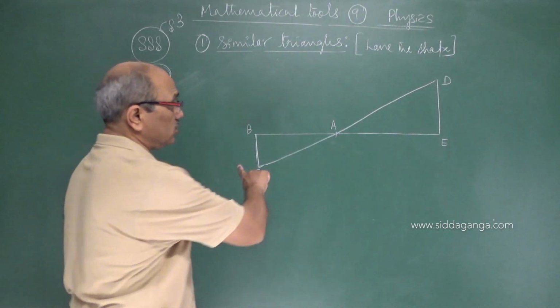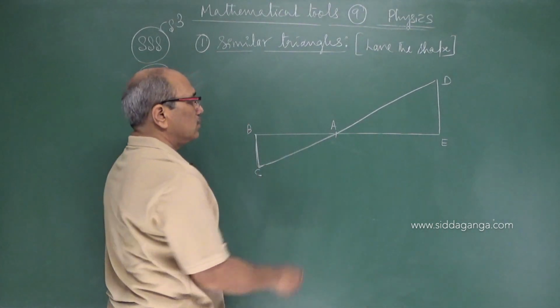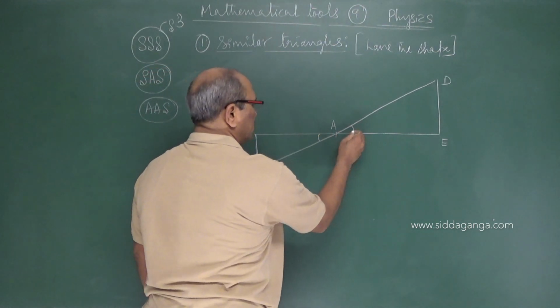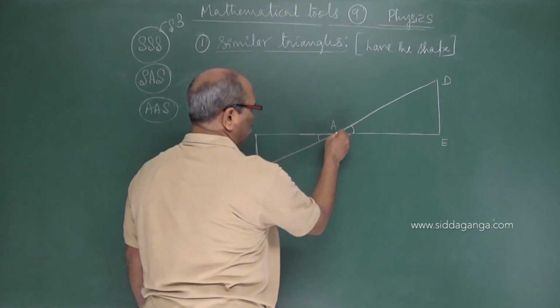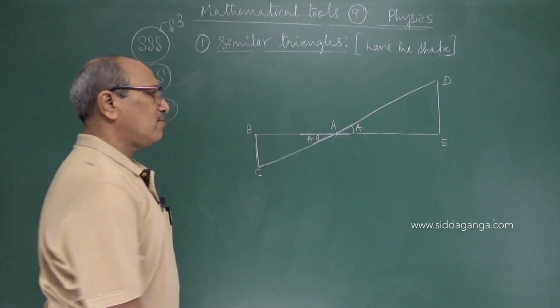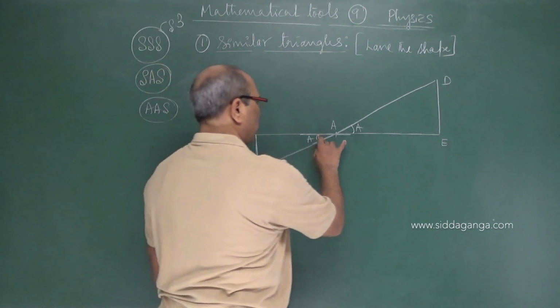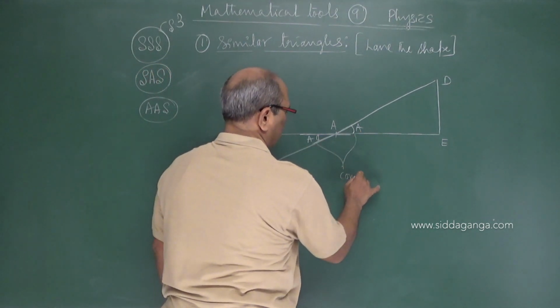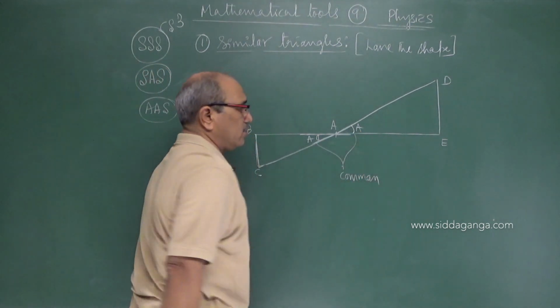So two triangles now we have. Again, if you measure, this is a straight line and these two lines are intersected. These two angles must be the same. These two are common. The two triangles have the same angle.